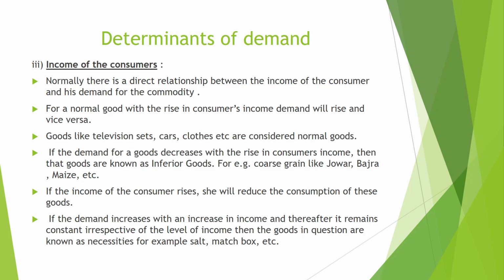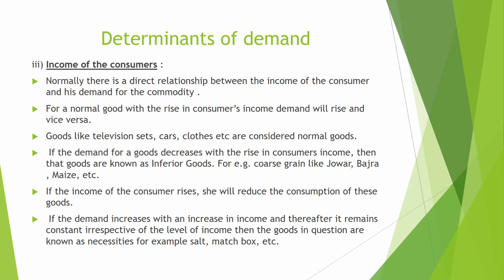For a normal good, with the rise in consumers' income, demand will rise and vice versa. So, for a normal good, if consumers' income increases, the demand also increases. Goods like television sets, cars, clothes, etc. are considered normal goods.